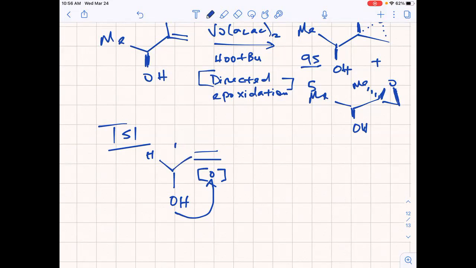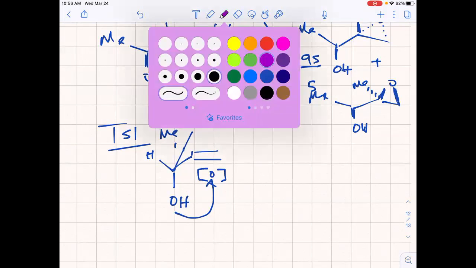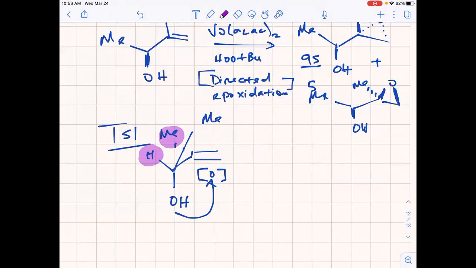I can just write over it. So that's my methyl group there, and then this is the other methyl group that's on that chiral center, right? And you can see again, if you look at the methyl and the hydrogen, that potential 1,2 interaction is not there, right? So when the OH is delivering the oxidant from the bottom face of the alkene, this is your favorite transition state.